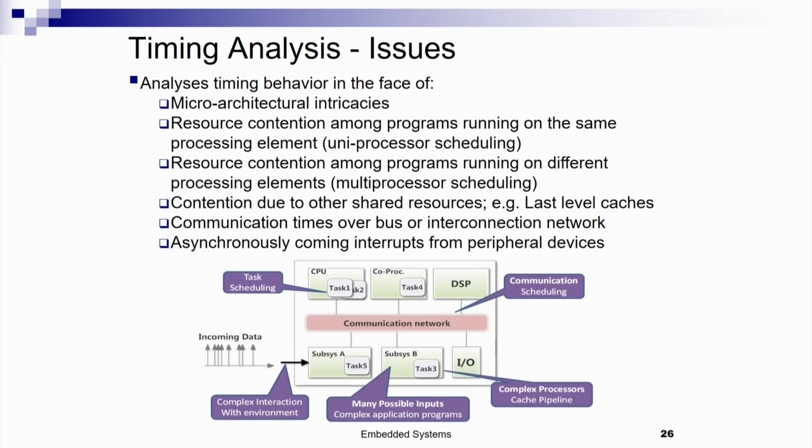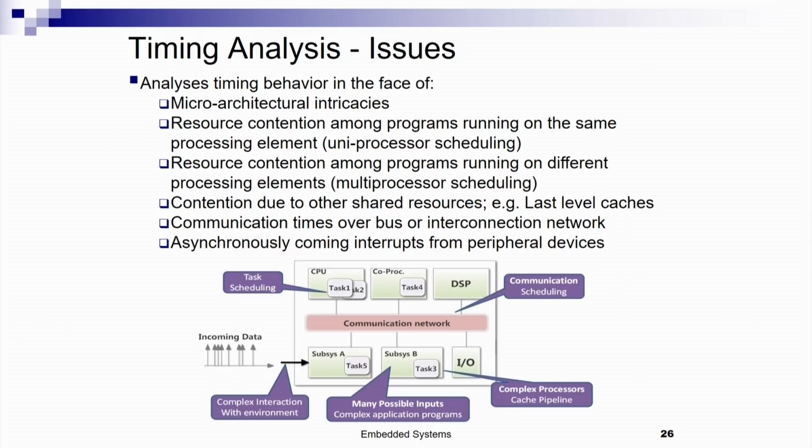All these timing issues need to be solved in the face of various constraints. For example, microarchitectural intricacies. If the processor, let us say, has out of order execution, then the time that will actually be required will depend on the dependency among the instructions. Resource contention among programs running on the same processing element has to be solved through proper uniprocessor scheduling.